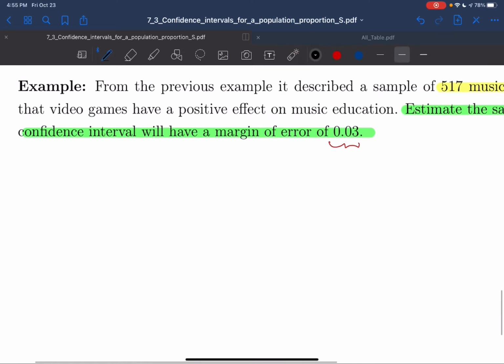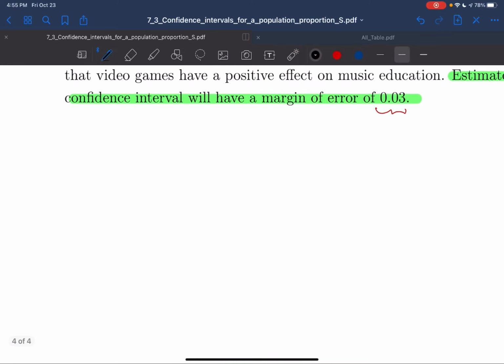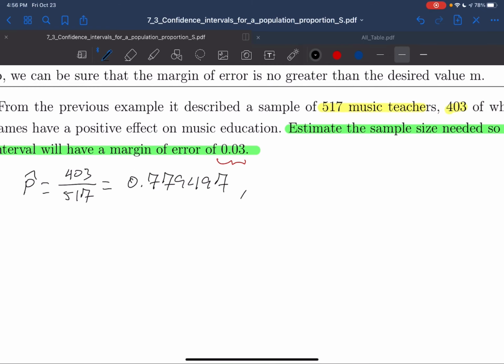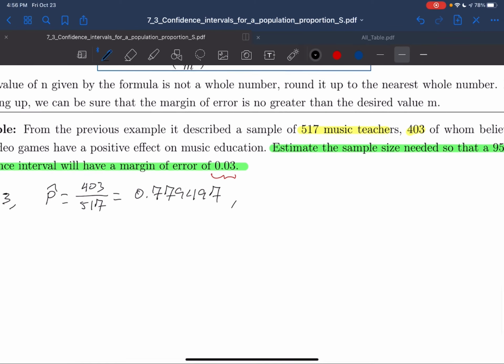So here, m, the margin of error that we care about, is going to be 0.03. Our sample proportion is the same as in the previous example, 403 over 517, which is 0.779497.